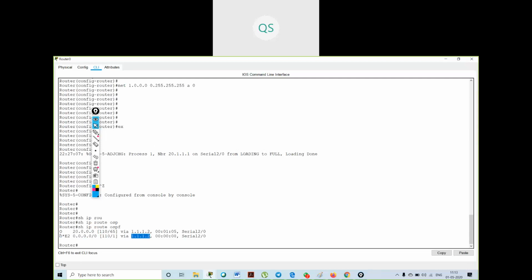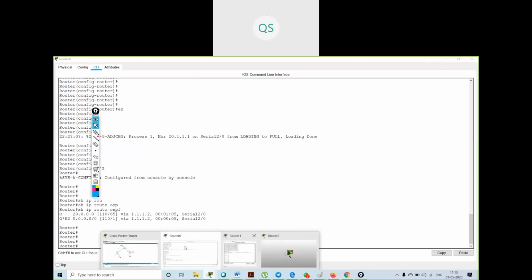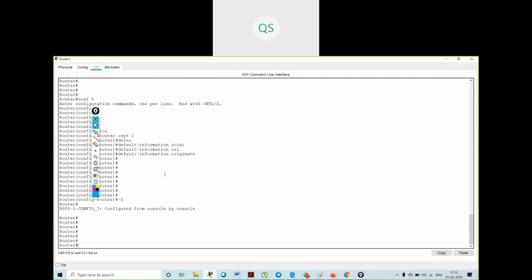This is the type of output you will get when you are using OSPF. Understood? The command is the same that we gave on the head office router previously, default-information originate.